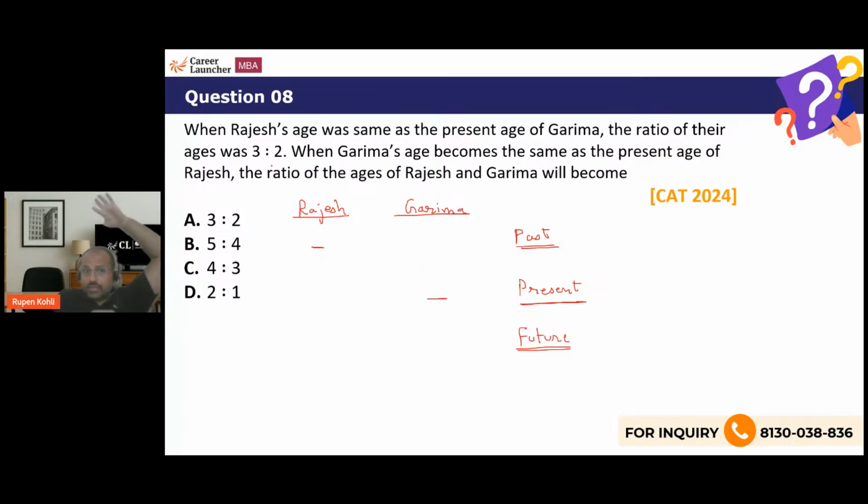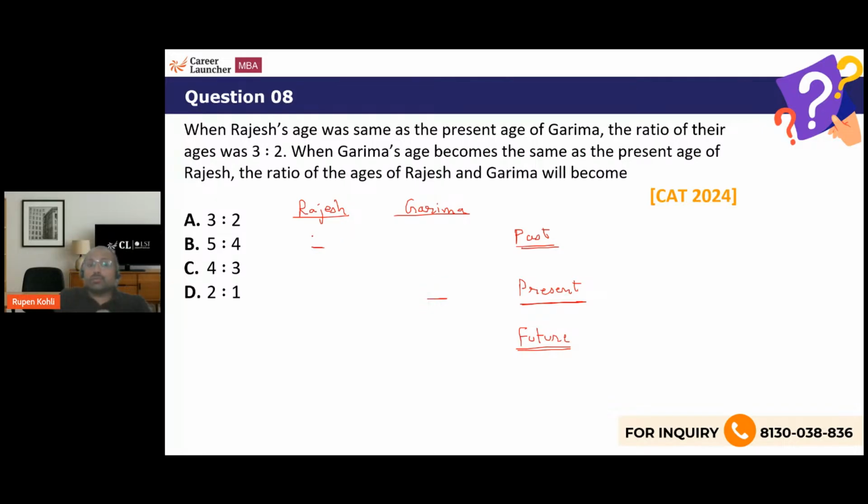This ratio of 3 to 2 has to be understood, whether it is mentioned for the past or the present. The ratio of their ages was in the past. So in the past, their ages were 3 to 2, and at that point of time, Rajesh was as old as Garima is now.